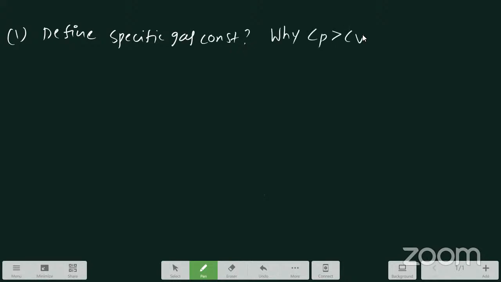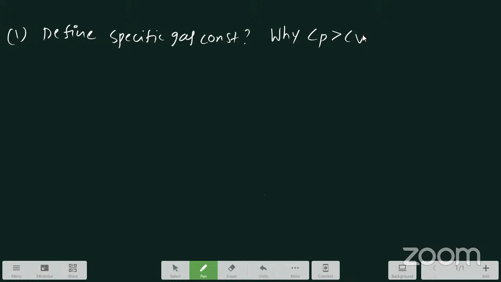First, define specific gas constant, and why Cp is greater than Cv. Define specific gas constant.